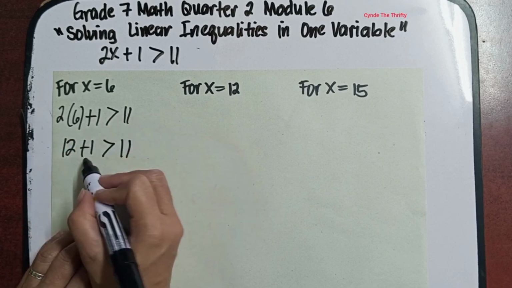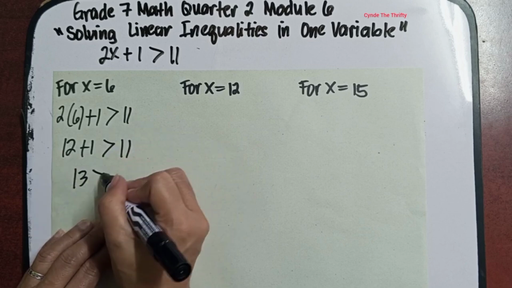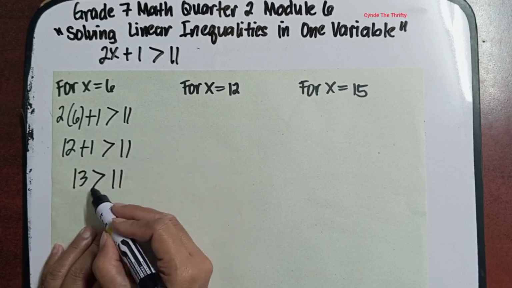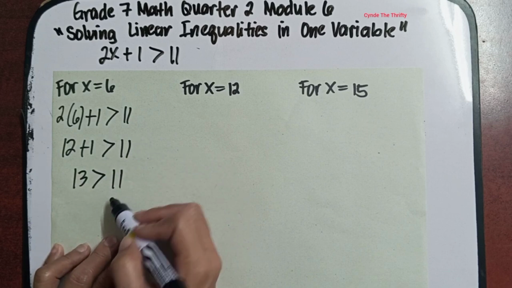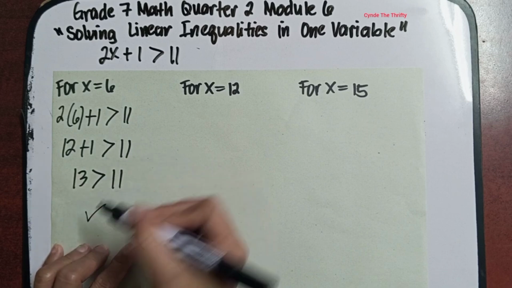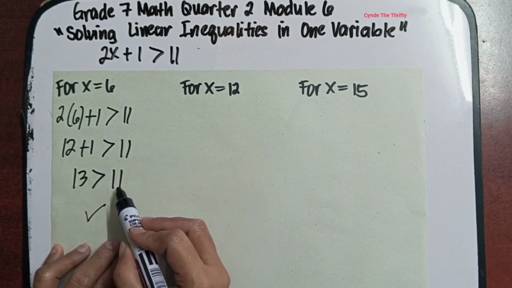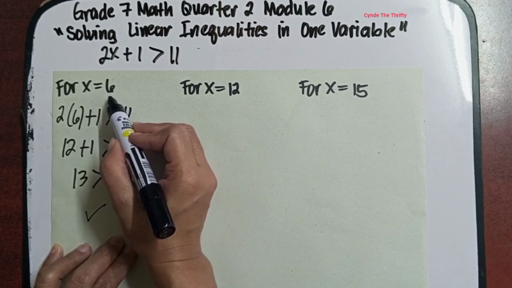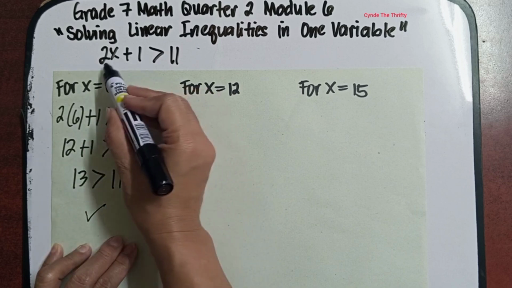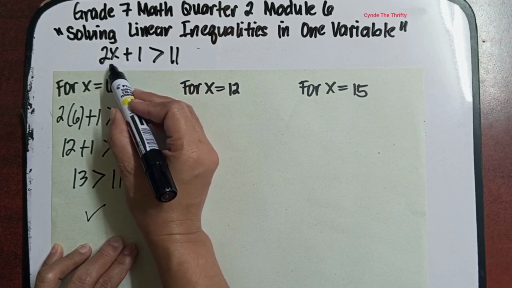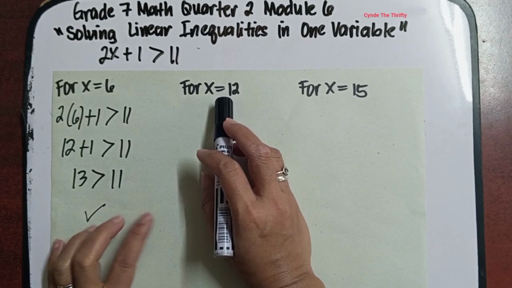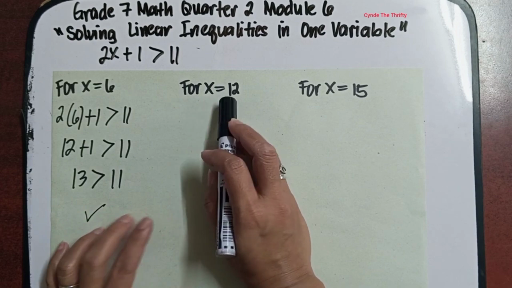So, 12 plus 1 is equal to 13 is greater than 11. Okay, so tama ba ito? 13 is greater than 11? Yes, true ang statement na ito kasi si 13 is mas malaki siya kaysa kay 11. So therefore, si positive 6 is a solution to our linear inequality na 2x plus 1 is greater than 11. Dito naman tayo kung si x is a positive 12.